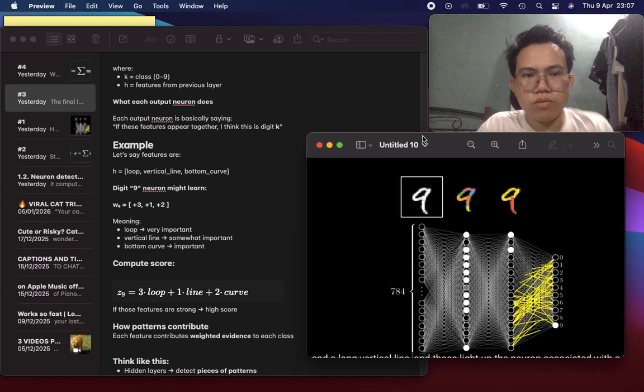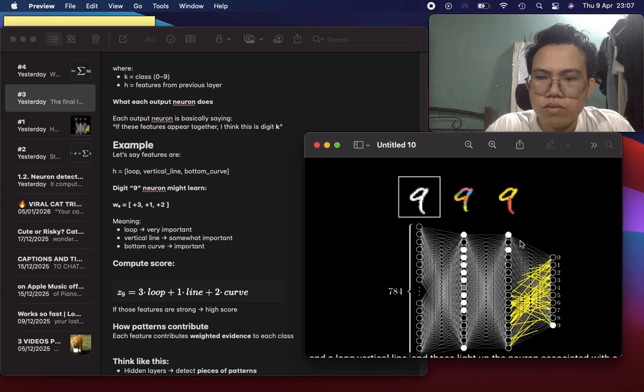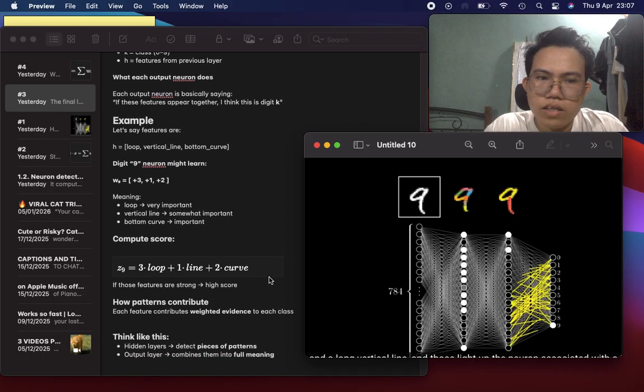Each output neuron is basically saying that if these features appear together, I think it's digit 9. If these appear together, it's digit 8.